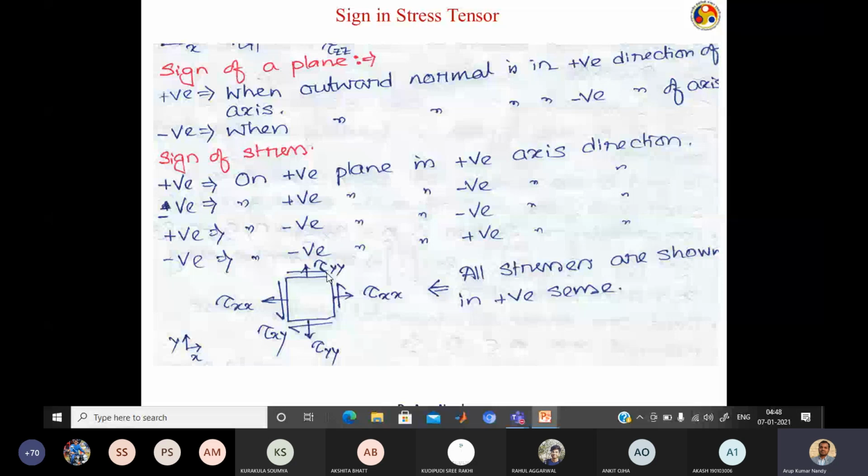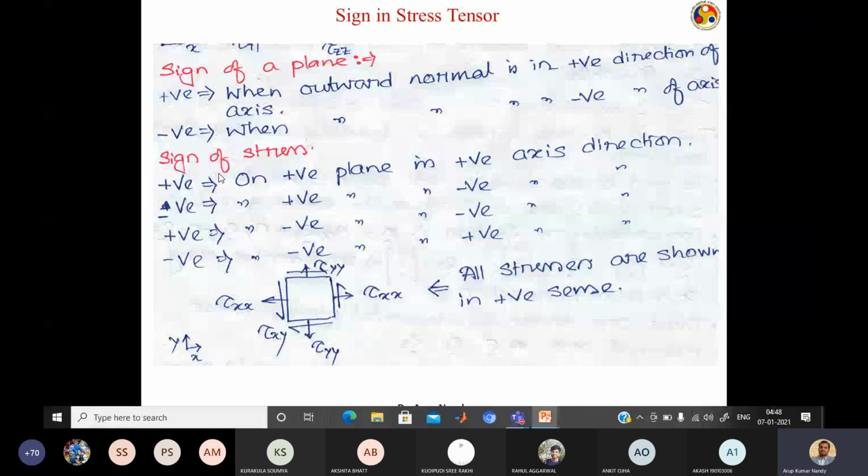And this is your negative x plane and this is your negative y plane. Now, how to define the sign of a stress component? On a positive plane, if your stress is in the positive direction, then it is positive.